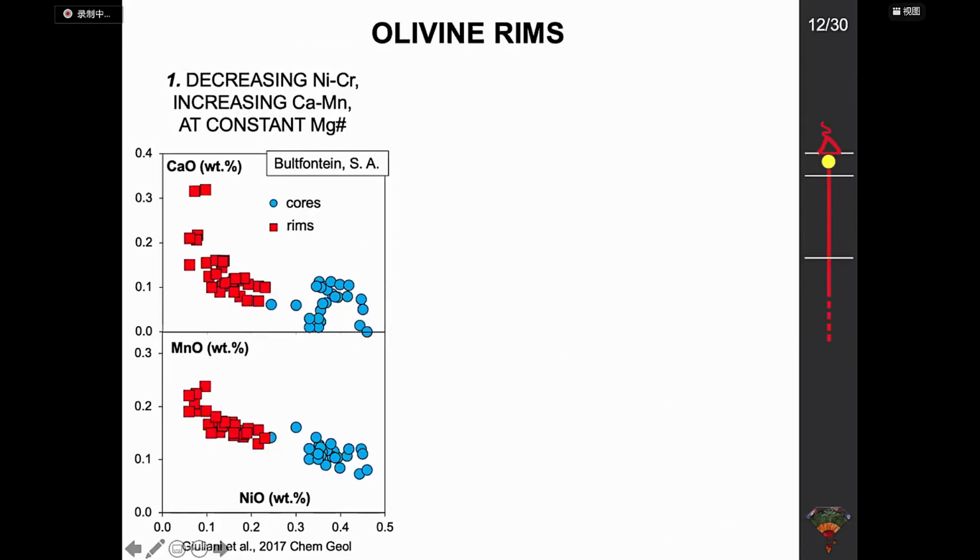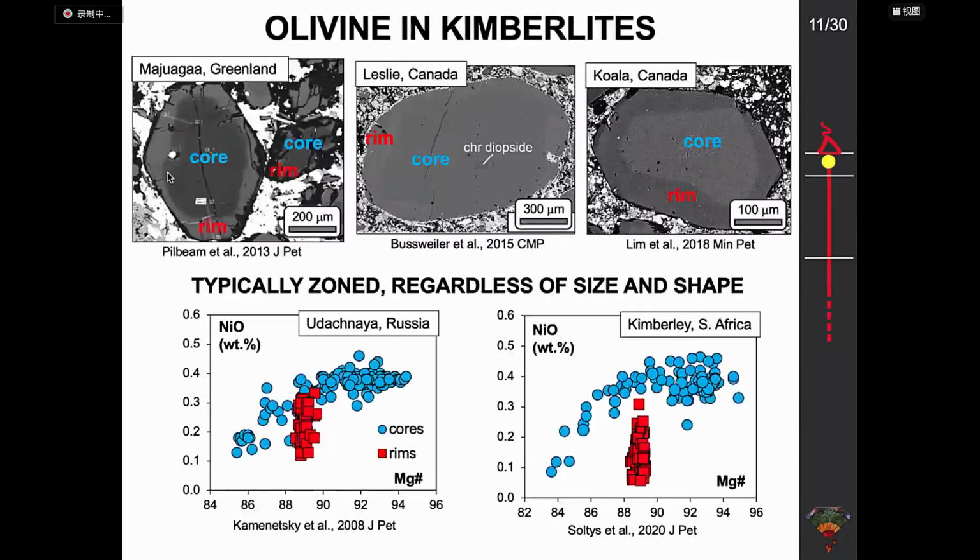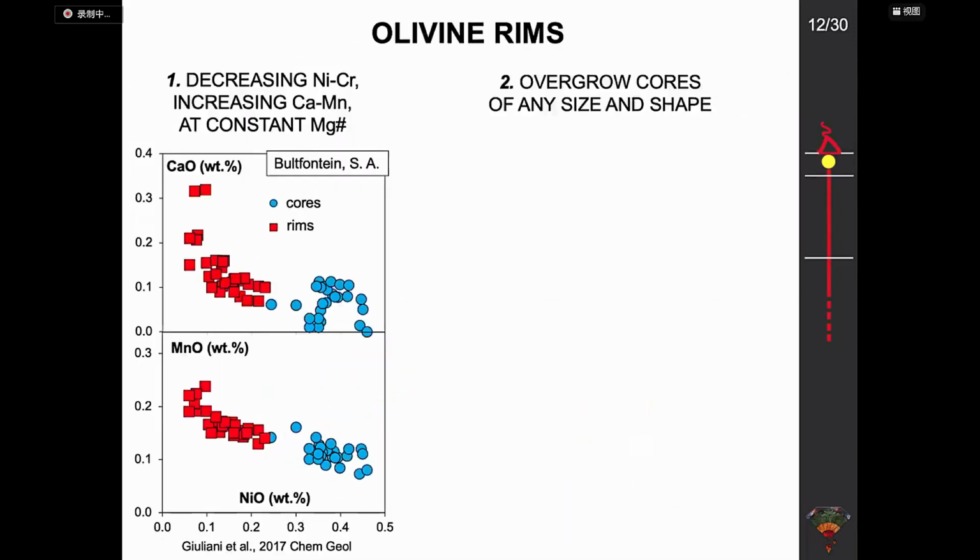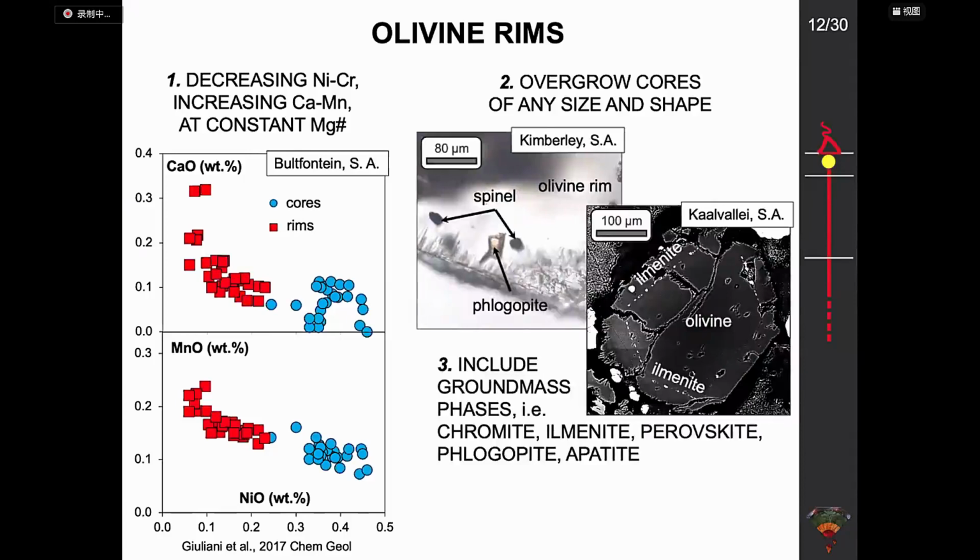The other fundamental observation is that when the core is sufficiently small, the rim tends to develop a very nice euhedral shape for the whole grain, thus giving that shape typical of a phenocryst. Finally, the third observation to keep in mind is that the olivine rims typically host inclusions of magmatic phases that occur in the groundmass of kimberlites: chromites, ilmenites, and more rarely perovskites, phlogopites, and apatites.